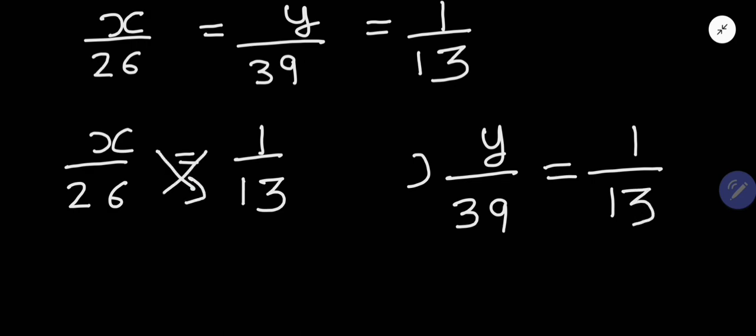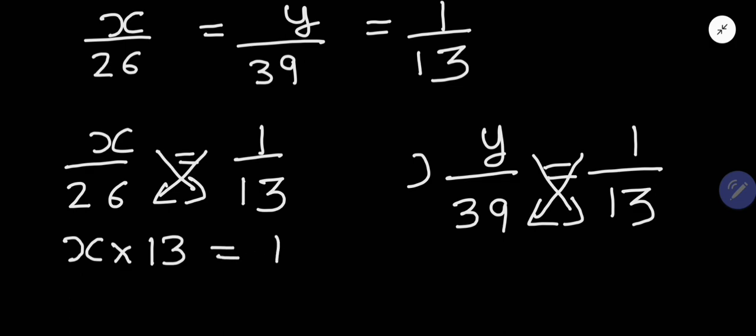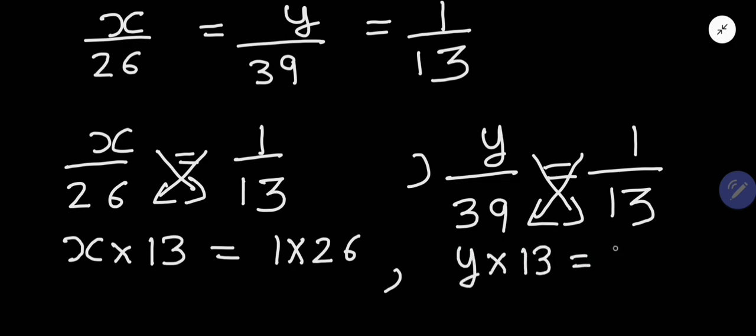So we'll again cross multiply. So x into 13 is equal to 1 into 26, and for y, y into 13 is equal to 1 into 39.